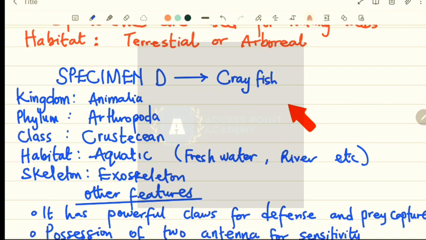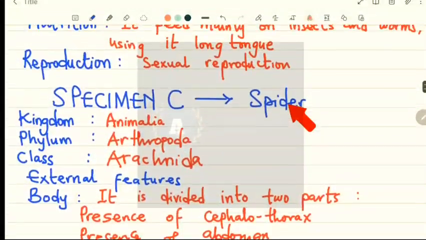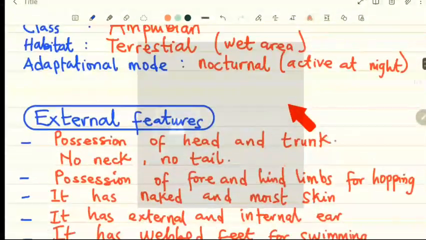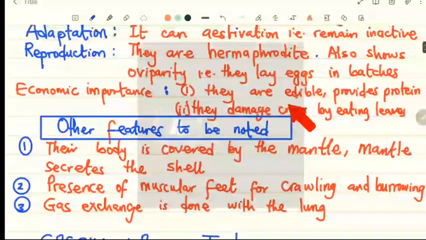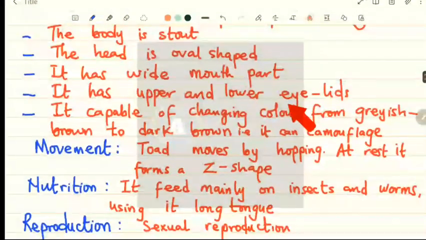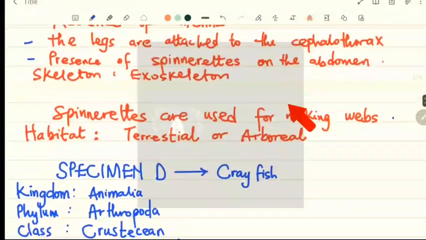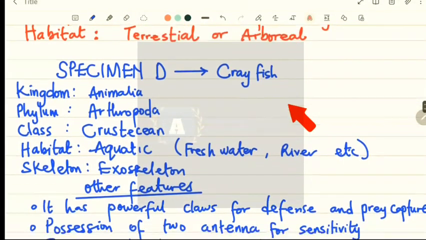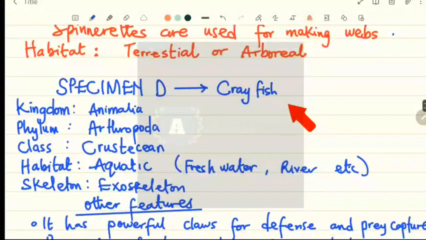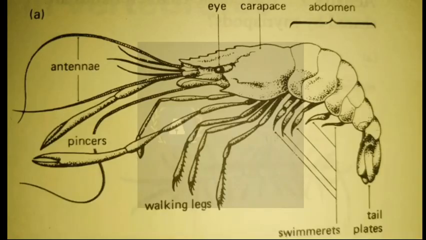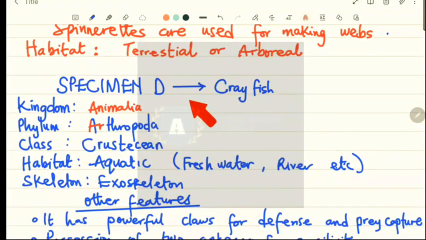It is quite essential for you to know the observable difference between specimen C and specimen D, and also note the difference between specimen A and B. Know the differences and the similarities between A and B, then C and D. The crayfish belongs to the animal kingdom, is an arthropod, is a crustacean, and the habitat is aquatic, freshwater.